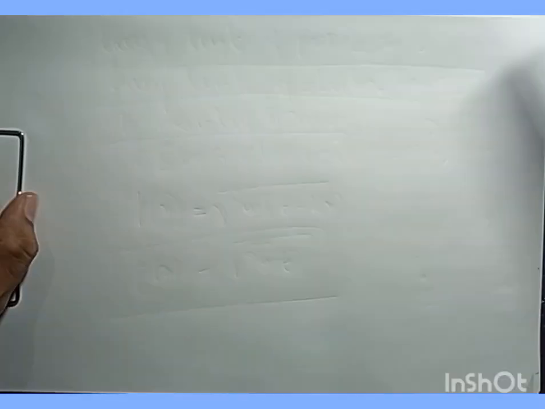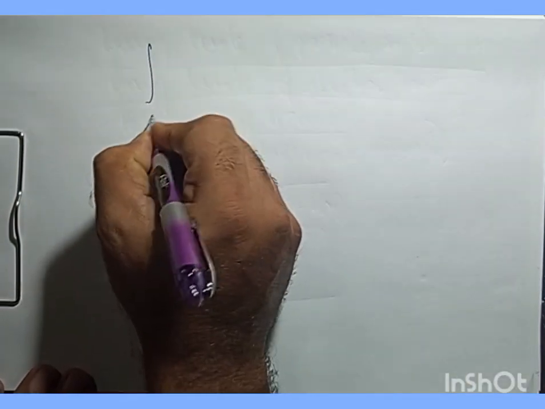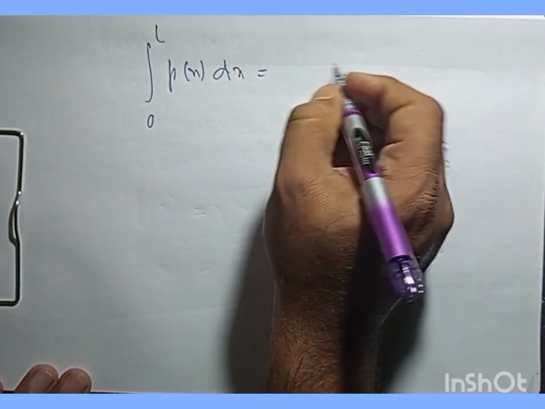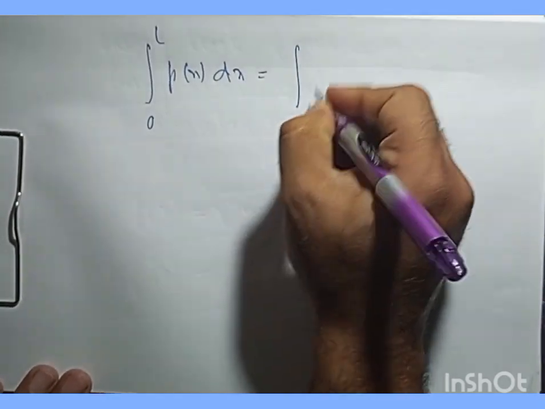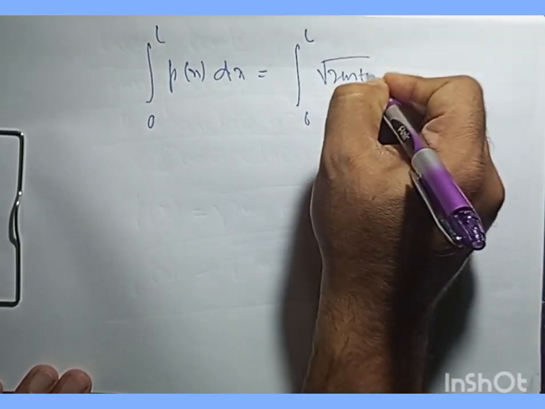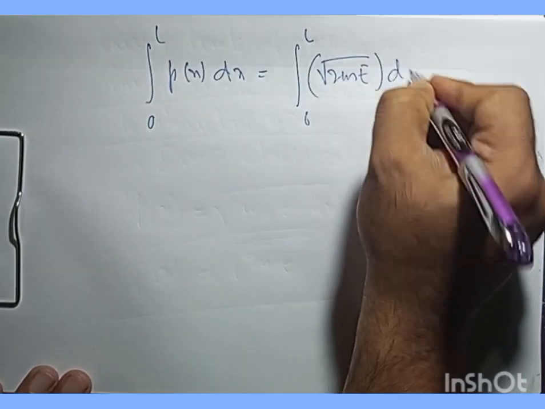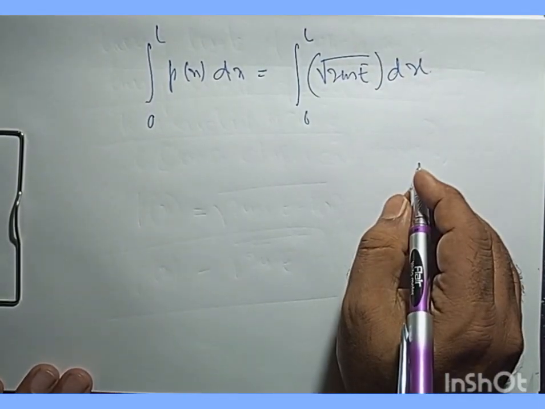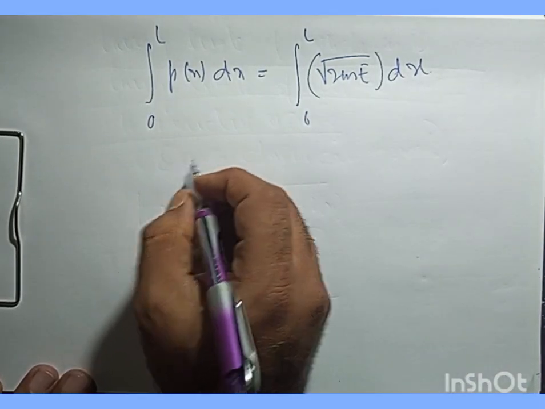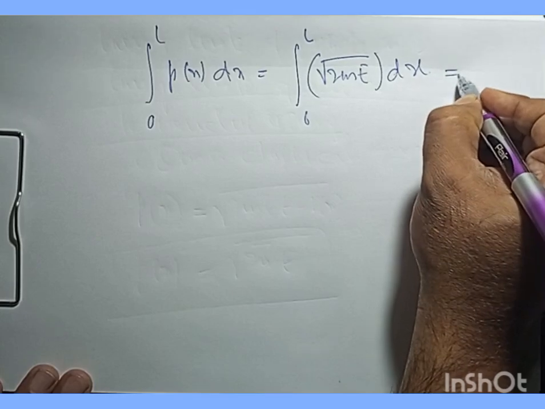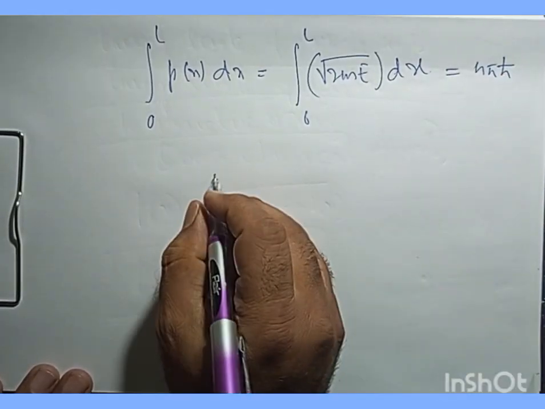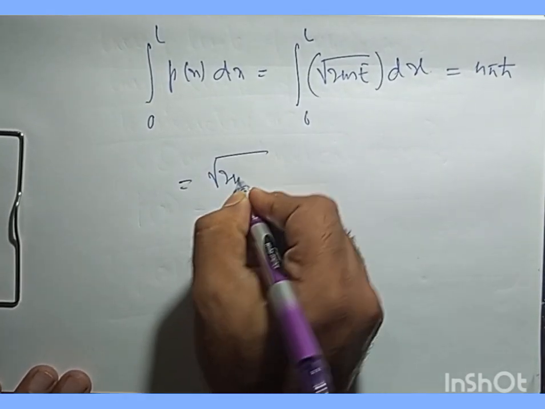And what will be the integral? The integral will be simply the integral from 0 to L of p of x dx, where p of x is the square root of 2mE. We understand that this integral, if n is extremely large, is simply n pi h bar, and we can take the square root of 2mE out.